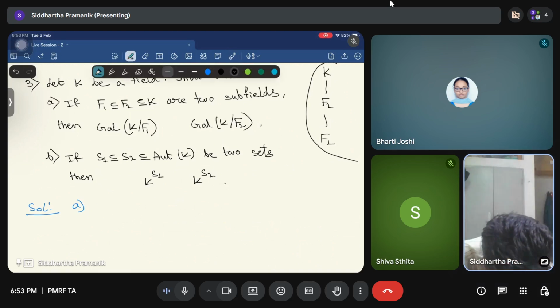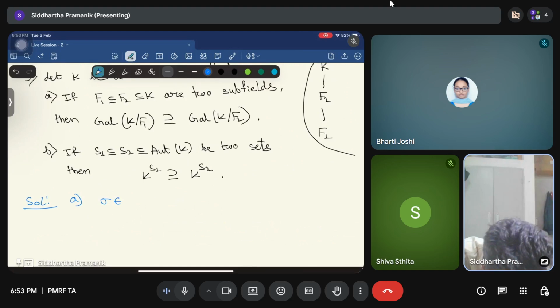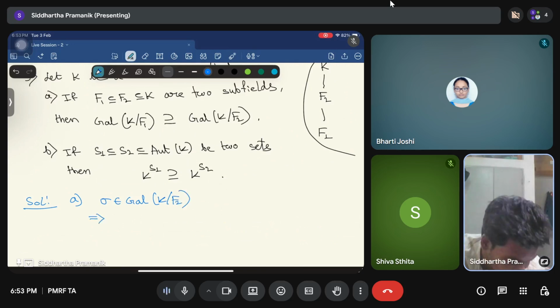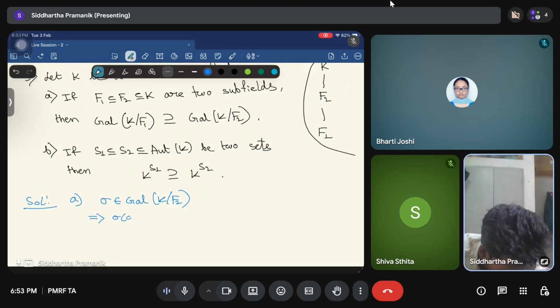So let's write this down, and this is very easy to see. Why? If sigma belongs to this Galois group of K over F2, that means sigma fixes F2, right? So sigma of a is equal to a for all a belonging to F2. But F1 is a subset of F2.